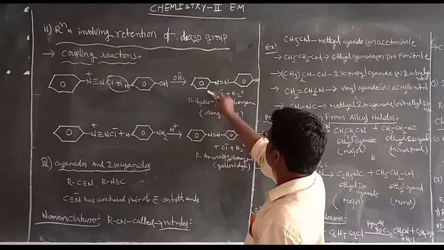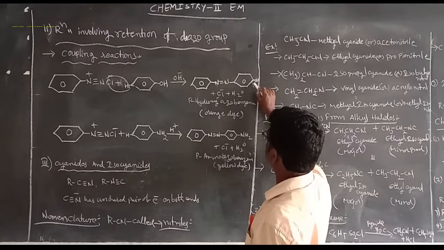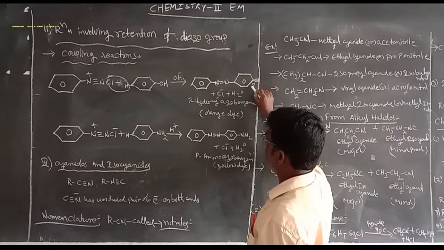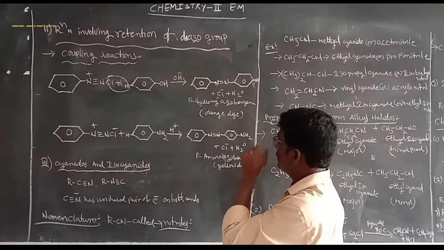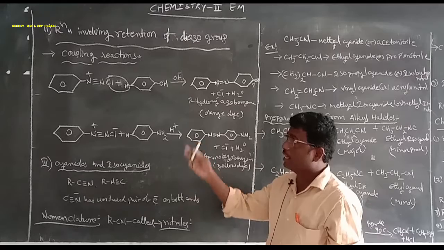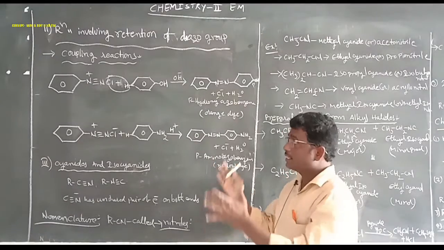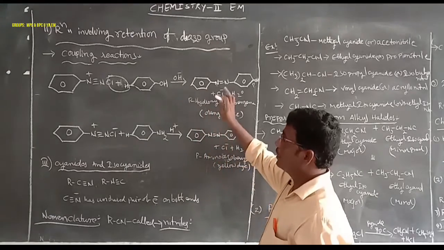That is para hydroxy azobenzene, with the OH group at the para position. It is an orange dye. Here two compounds are coupling, so this is known as a coupling reaction.